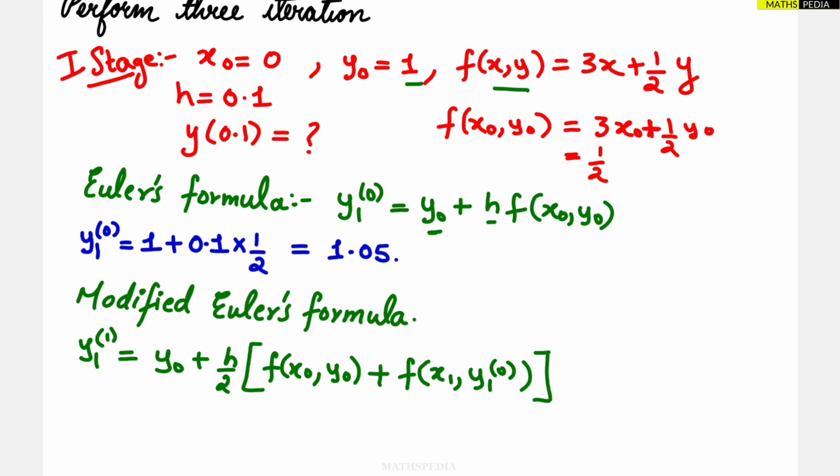This is the first iteration. In this, what all values do we know? We know x0 comma y0 function, h by 2, the y0 value, but this value we don't know, right? Function of x1 comma y1 of 0.